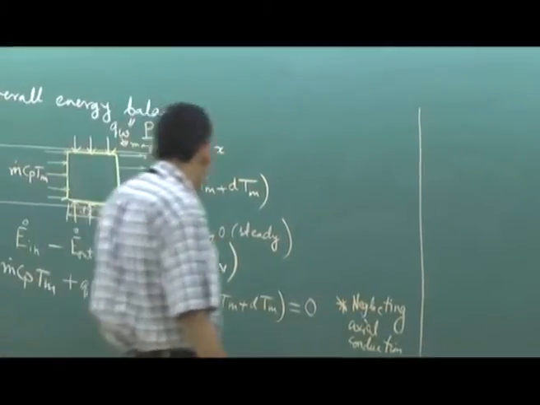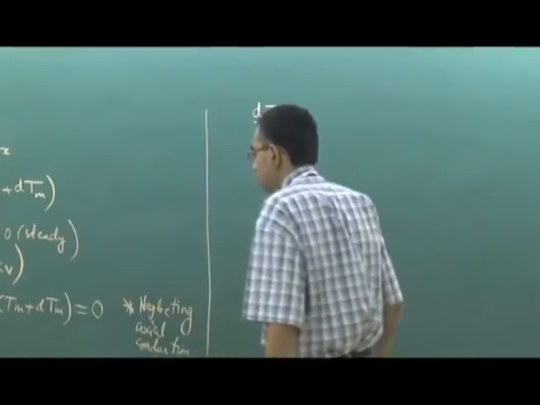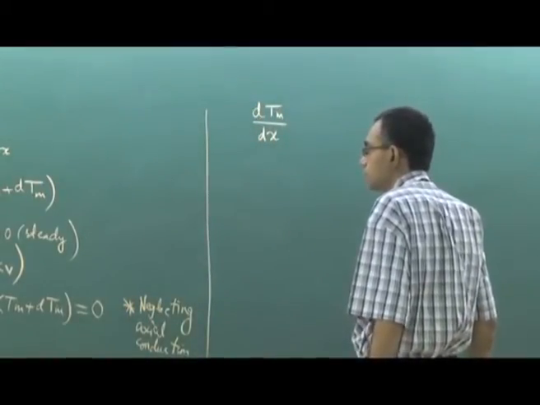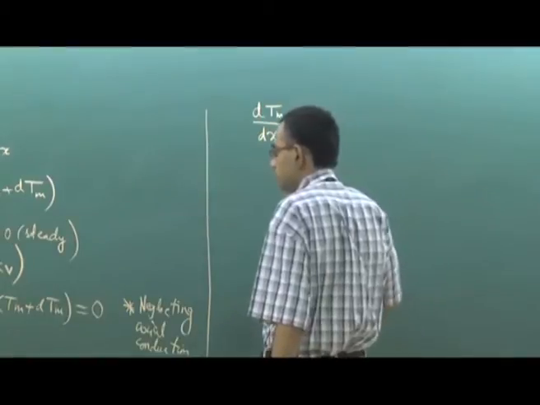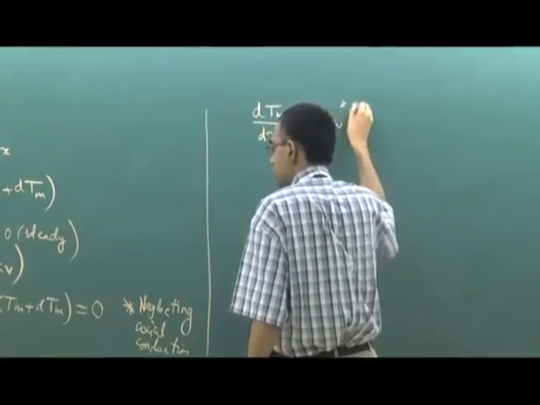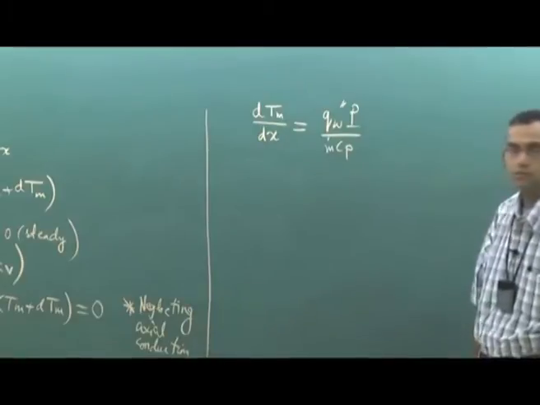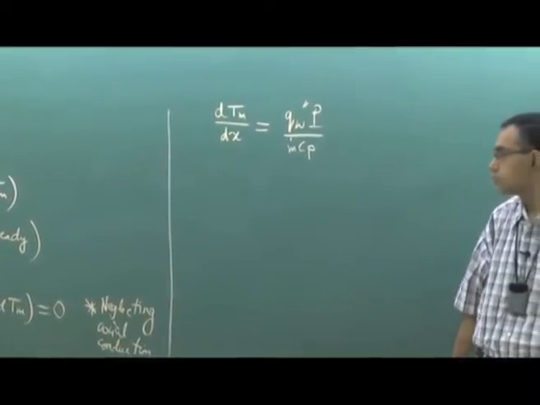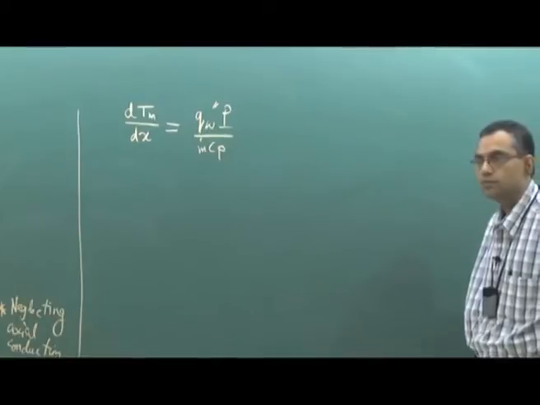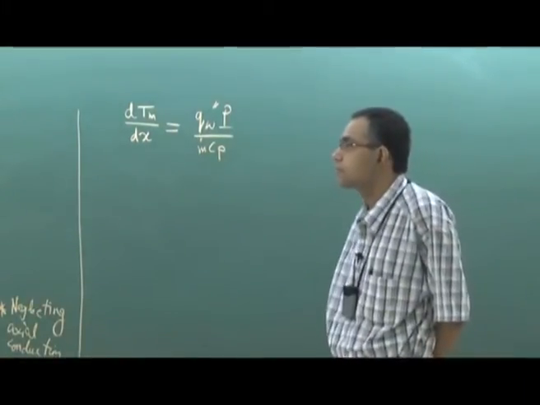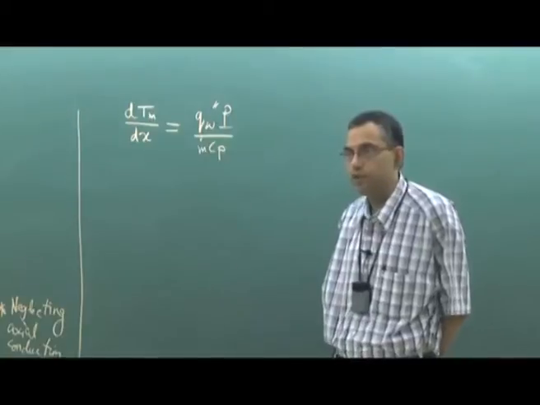So now from this equation you can write dTm dx is equal to Q double dash P by m dot Cp.